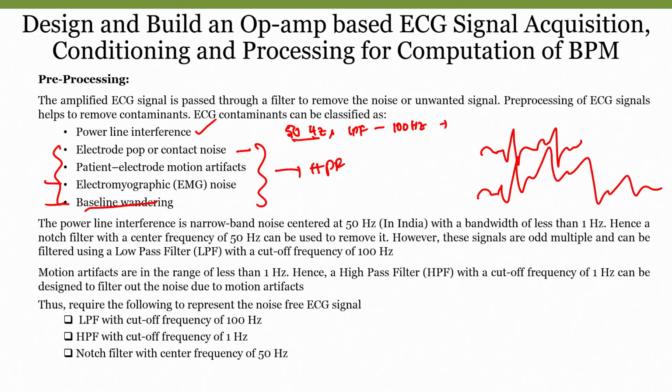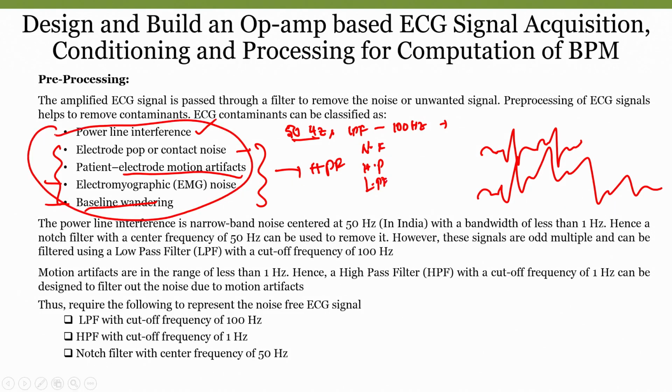The baseline wandering frequency is somewhere around 0.5 Hz, so by passing through a high pass filter, even that can be eliminated. Motion artifacts we have already seen. If I can design a notch filter, high pass filter, and low pass filter, the noise due to these ECG contaminants can be completely filtered out.